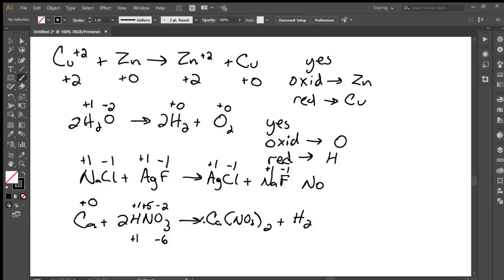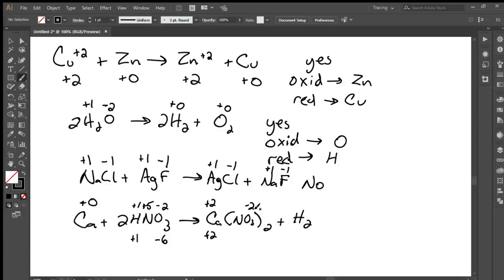Okay. Calcium, you can look up calcium. I believe it's a +2. I don't have it in front of me, but let's look at our nitrates here. Yeah, calcium is a +2. Okay, oxygen's a -2. Nitrogen, we don't know yet, so we've got 1 calcium, so +2.